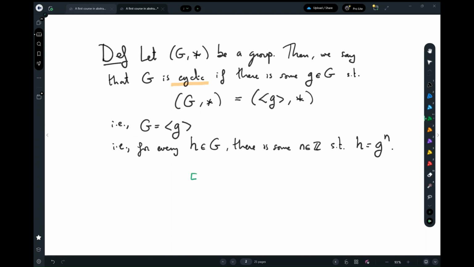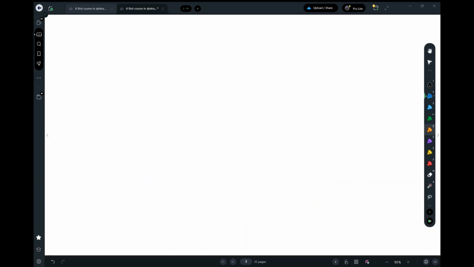And we saw that, for example, the integers under addition are generated by 1, they're also generated by -1, or the integers modulo 4 are generated by 1 modulo 4, and they're also generated by 3 modulo 4. Okay, so today what we're going to do is prove a number of properties about cyclic groups.